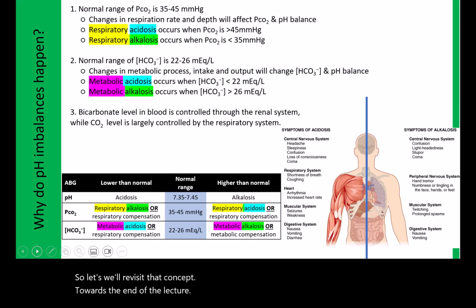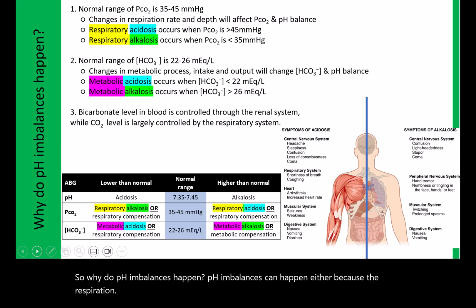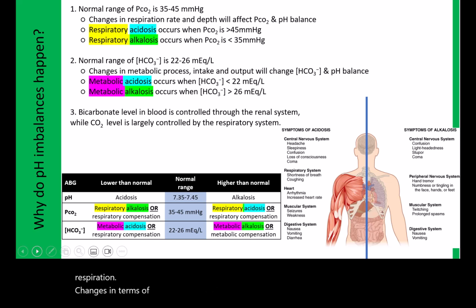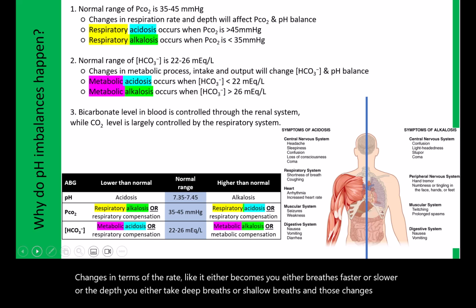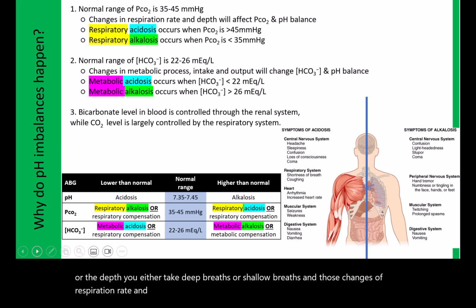So why do pH imbalances happen? pH imbalances can happen either because the respiration changes in terms of the rate, like you either breathe faster or slower, or the depth. You either take deep breaths or shallow breaths. And those changes of respiration rate and depth can affect the partial pressure of carbon dioxide and therefore pH balance.